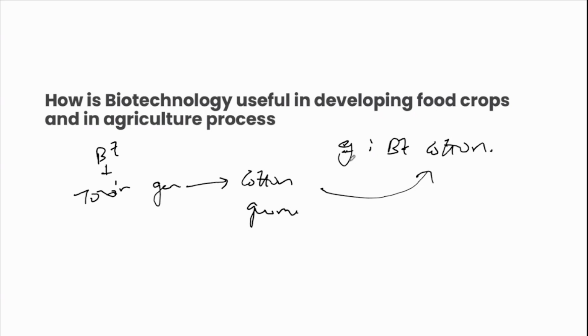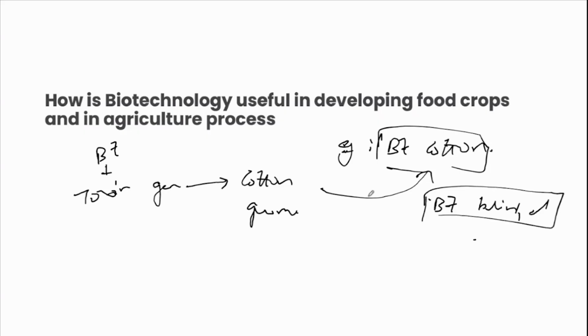Even though India is not accepting such crops profoundly, because apart from Bt cotton there was another crop that was made, Bt brinjal, and since it's a GM plant, that is a genetically modified plant, people do not intend to consume it, and therefore Bt brinjal was basically stopped.